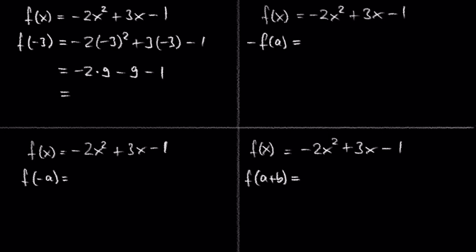Negative 2 times 9 is negative 18. Negative 18 minus 9 is negative 27, and negative 27 minus 1 is negative 28. So f of negative 3 equals negative 28.